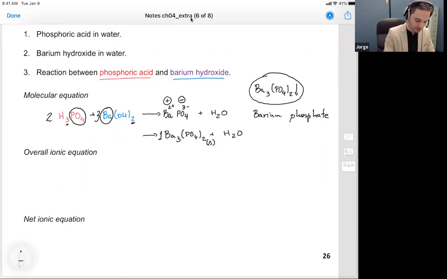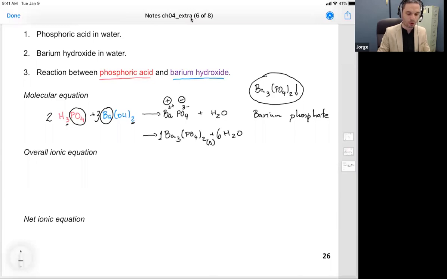So we have 6 hydrogens plus 6, that's 12. We have to have 12 on the other side, okay? And the oxygens, they need to match as well. So if you got all the way to this point, that's perfect, okay? That means you got everything, okay?